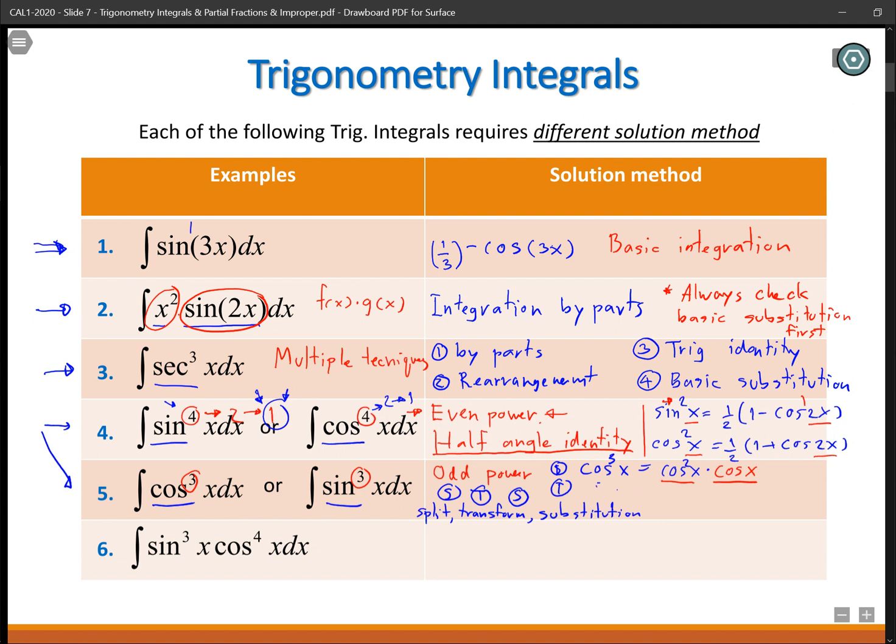Transform, we want to transform cosine to sine. So we want to make cosine of x squared equal to 1 minus sine of x squared. We just need to substitute this into the cosine x squared. Alright? And after that, you need to perform another technique.